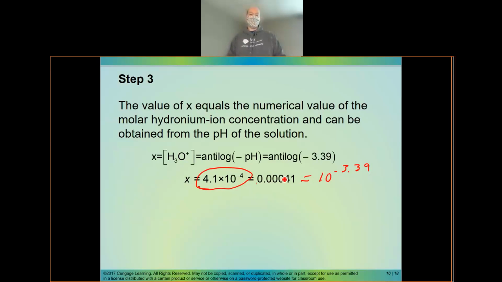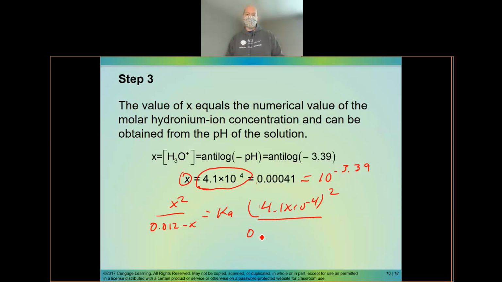So now you plug that in. So we had x squared over 0.012 minus x, that's Ka. Now we have x. And so you're going to plug in your 4.1 times 10 to the minus 4 and square it. Divide by your 0.012 minus 4.1 times 10 to the minus 4.